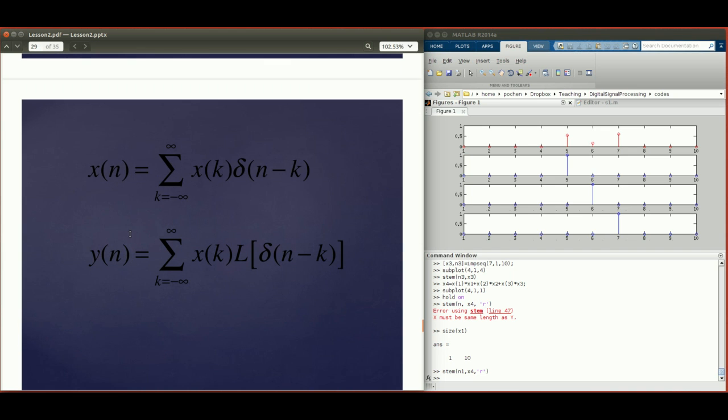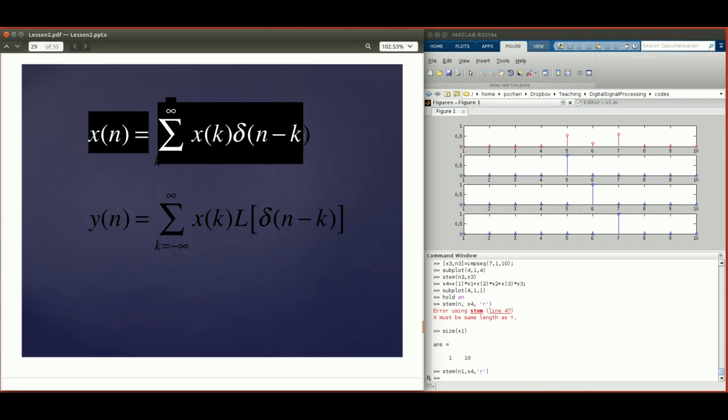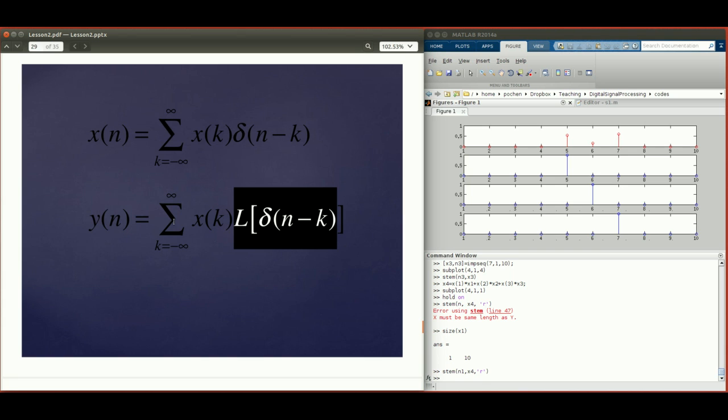So what you end up with is y[n], the output signal. If your input signal is x[n] equal to this thing, the output is going to be a summation of x[k] times the same system L, the same operator L, applied onto those shifted delta pulses.